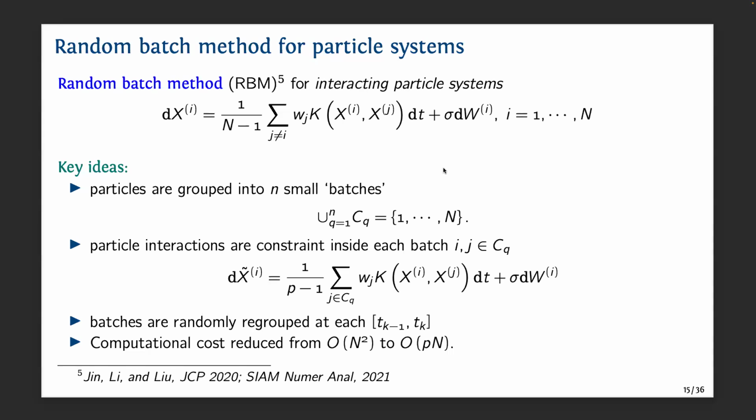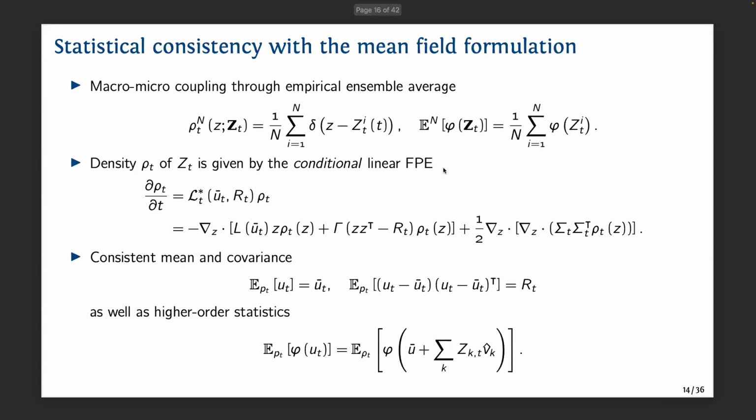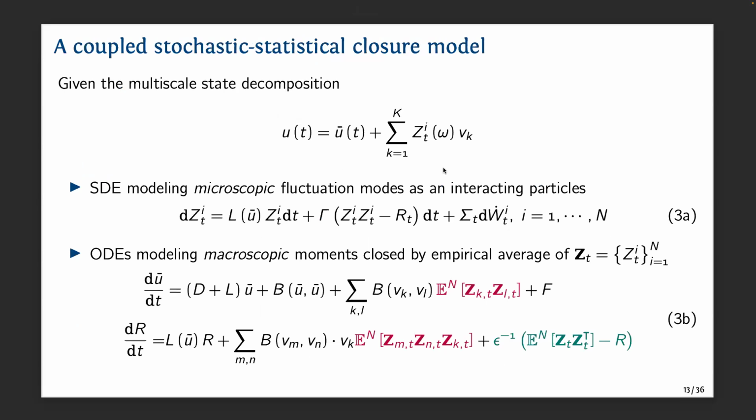Right? So this is the original idea, but let's come back to our system. It's from a completely different background, but you observe some similarity here, right? We have this summation of all the modes, and buried in this term there's also a summation over each mode.